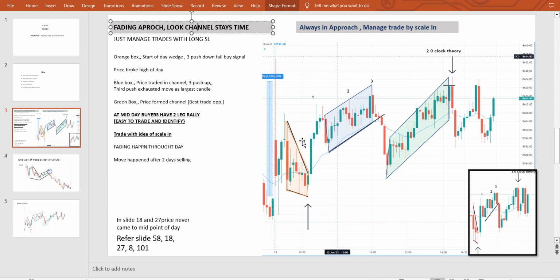How to trade channel? So let's say you bought on breakout candle. Just put your SL here. After considering always in approach or scaling approach, you just trade or manage position in this channel. This channel is 50% of move. This breakout, let's say, consider it as a 20 point move in this candle.